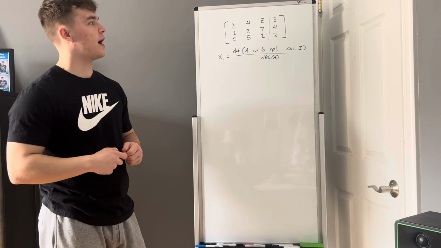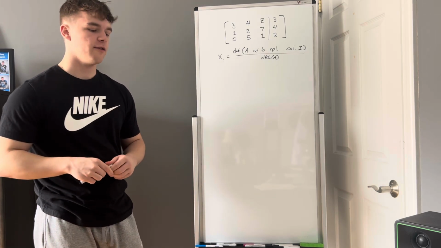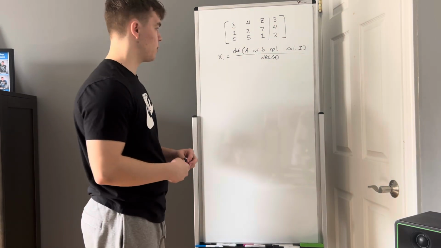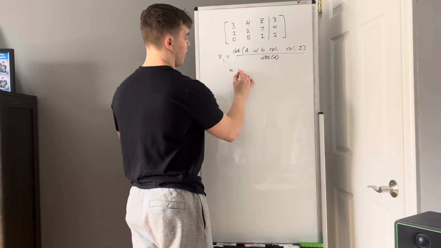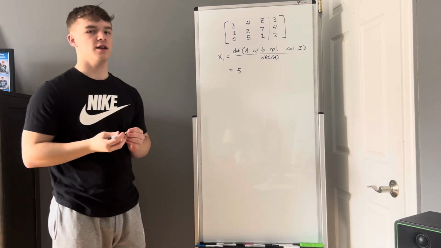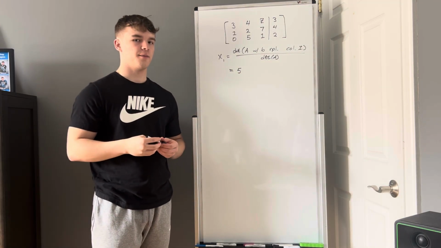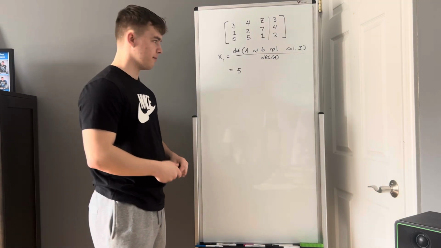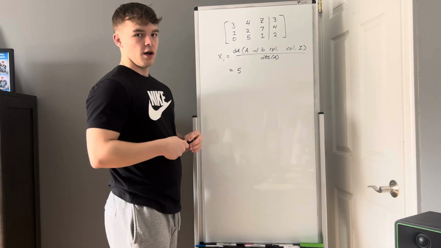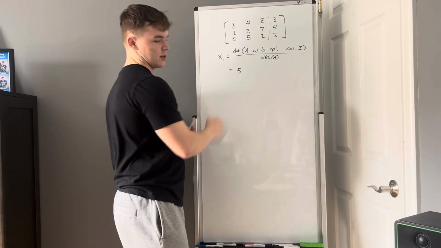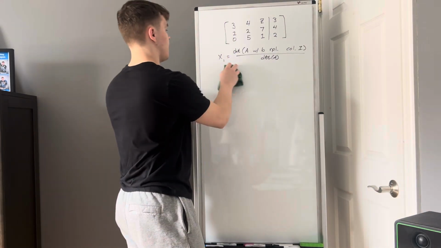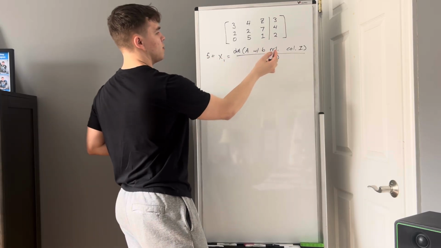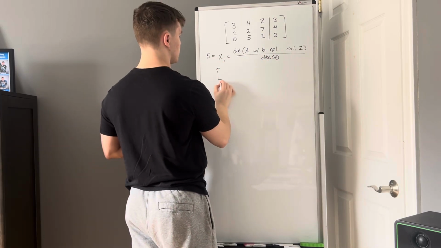Now, what makes this so powerful is we can give a situation. Say in this example, we want x1 to equal 5. So what's the value of Z for x1 to equal 5? Well, this is actually quite easy using Cramer's rule. So let's get our two matrices. I'm going to move this 5 up here. Let's figure out what A with B replacing column 1 is.